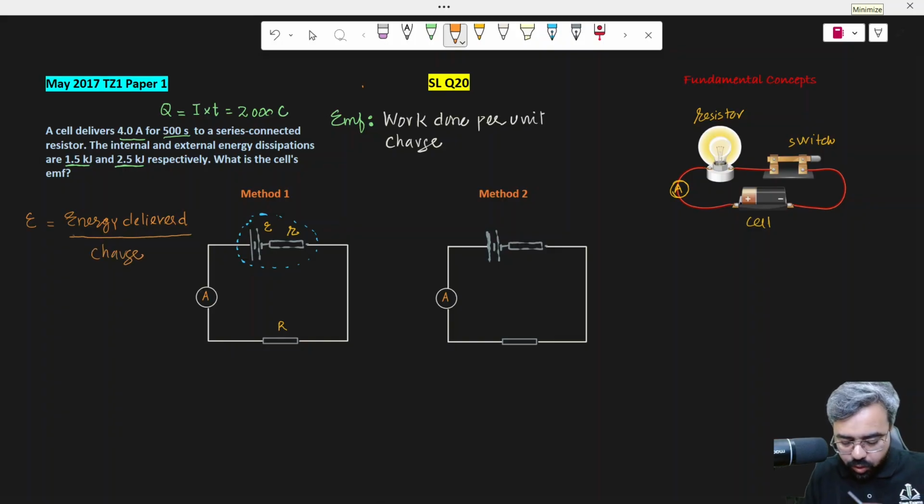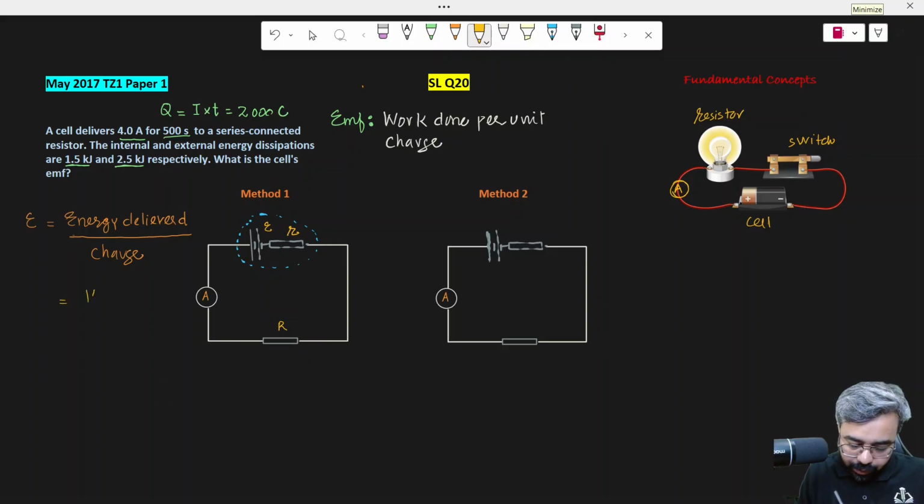We have already calculated the total amount of charge that is flowing. The total energy delivered is the total energy dissipated in two places: the internal resistance and the external resistance, and we already know their values.